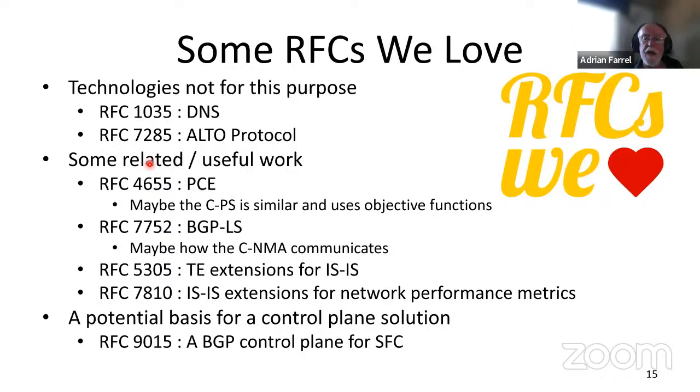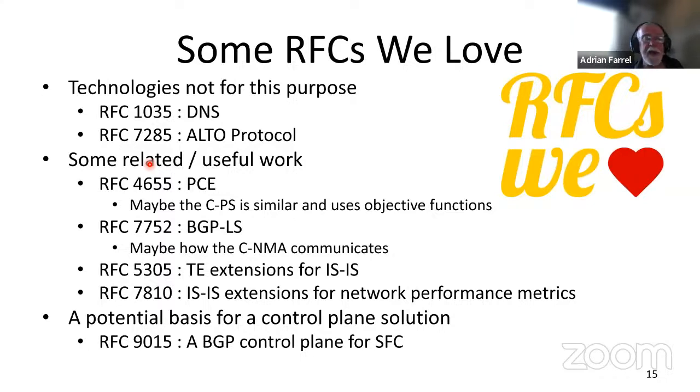So the NMA, the network metric agent, needs some way of communicating information out to the path selector. But it's also worth noting that the service metric agent also needs a way of collecting and pushing information out to the path selector. And maybe BGP-LS will do exactly the job we want there as well. So that's a building block that needs to be looked at.